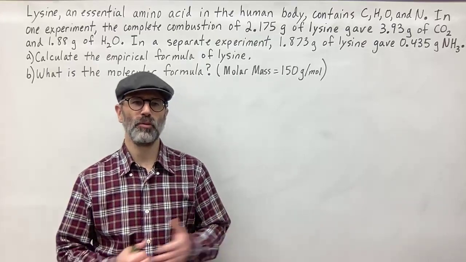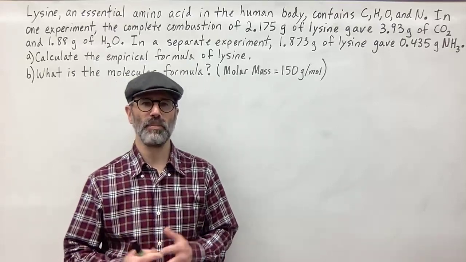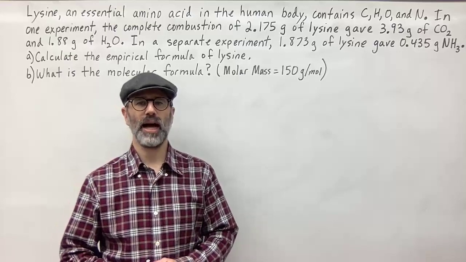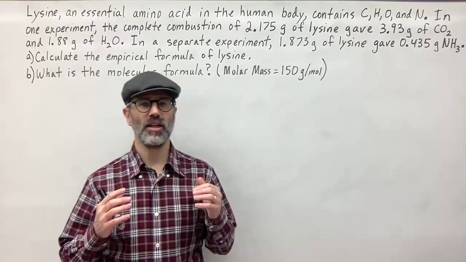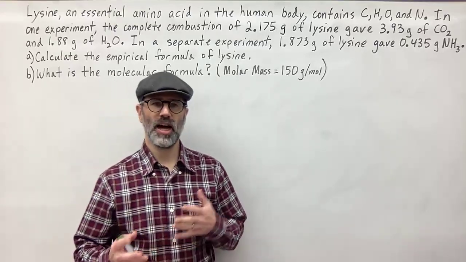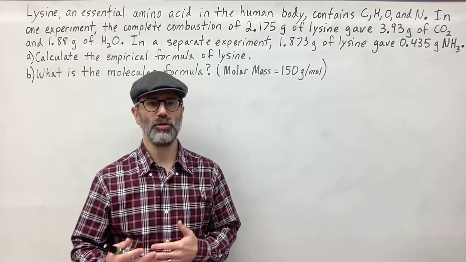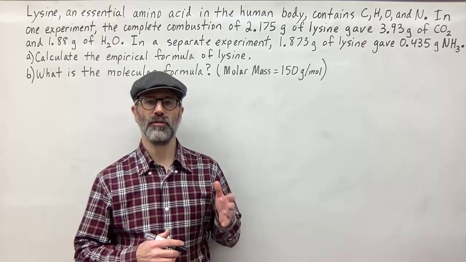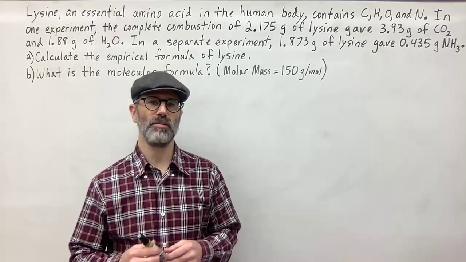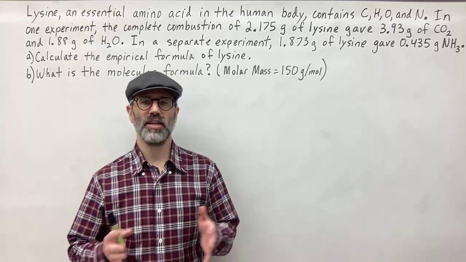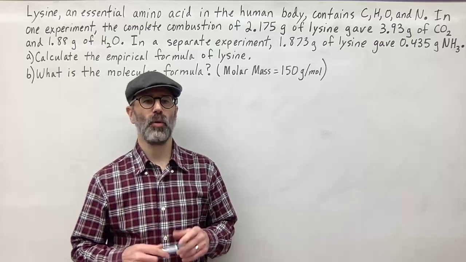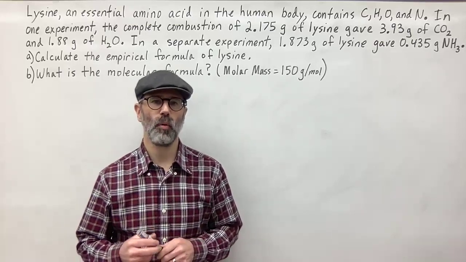So in this problem we're given lysine, an essential amino acid in the human body, and it contains carbon, hydrogen, oxygen, and nitrogen. We're given two experiments. In one experiment, the complete combustion of 2.175 grams of lysine gives us 3.93 grams of carbon dioxide and 1.88 grams of water.